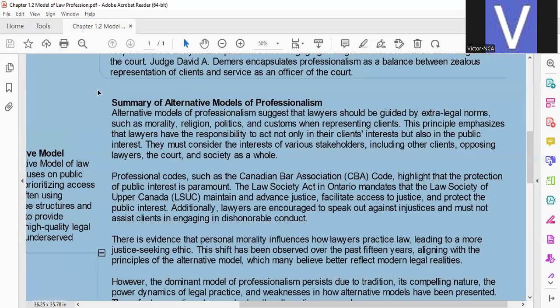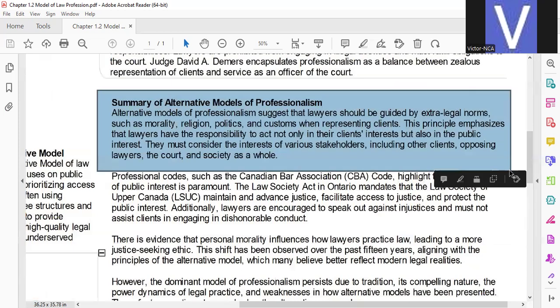Here, looking at the summary of alternate models of professionalism, it suggests that lawyers should be guided by extra-legal norms, which include morality, religion, politics, and customs when representing clients.